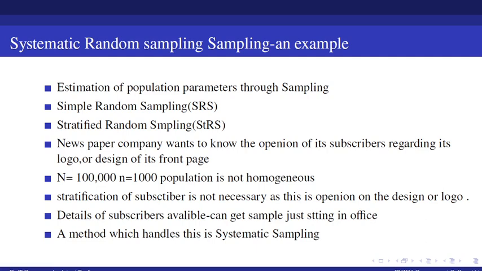It is very much useful for companies for marketing and introducing new products. Since they have the details, the phone numbers or mail IDs of customers, just by selecting some number of customers, they can collect their opinion. In these situations, the systematic sampling technique is very much useful.